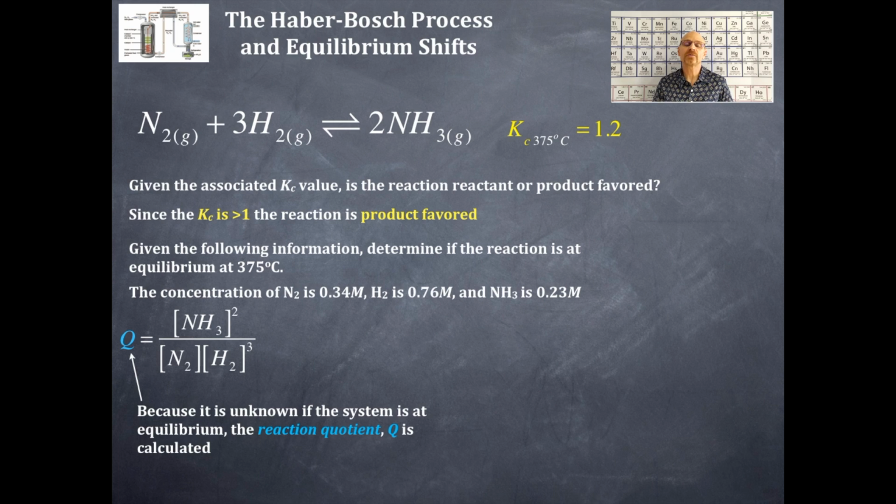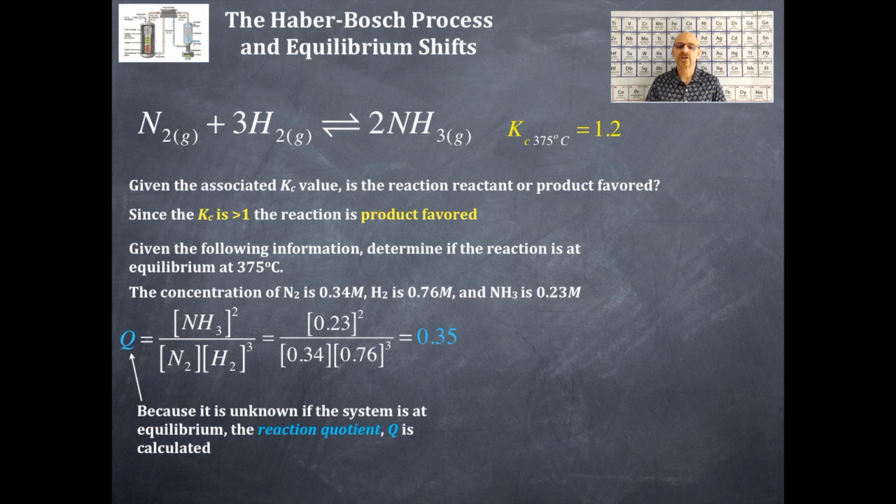So if the Q and the K are equal to each other, we know we're at equilibrium. When they are not equal to each other, we know we are not at equilibrium. We know that the K is 1.2. So let's plug in the values that were given here for the molarities of the nitrogen, hydrogen, and ammonia, and figure out if this value of the Q is equal to the K. Plugging these values into the reaction quotient expression gives me a numeric value of 0.35.